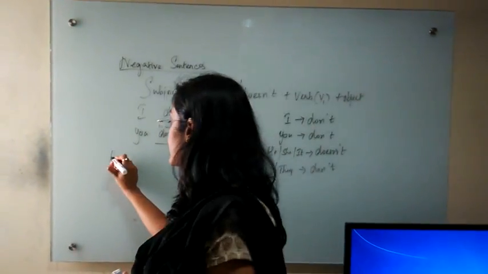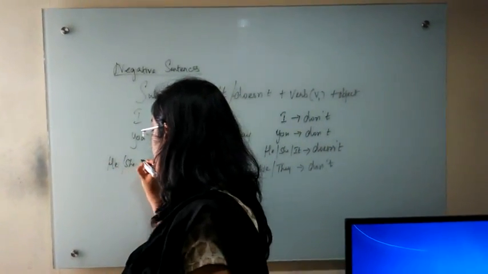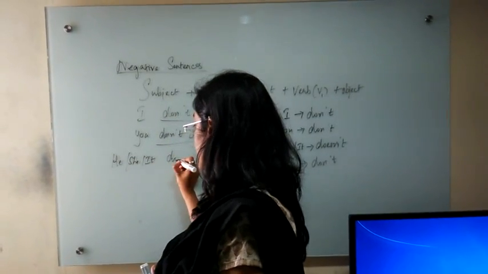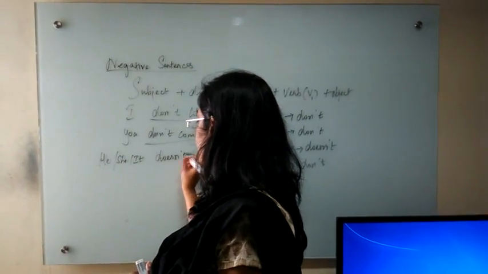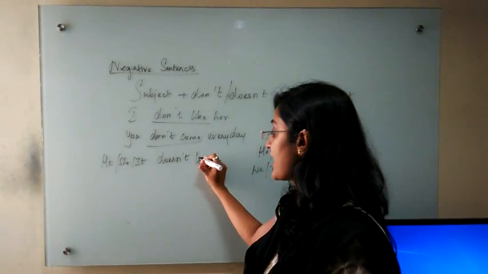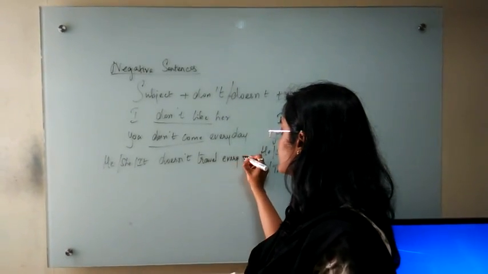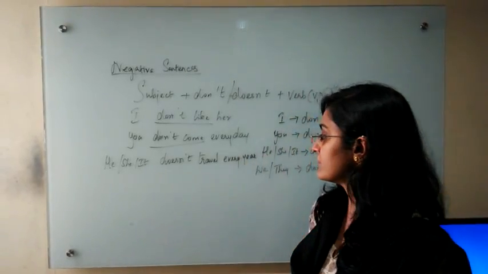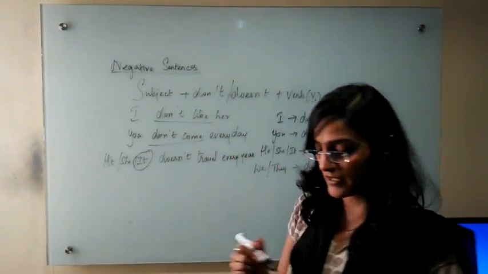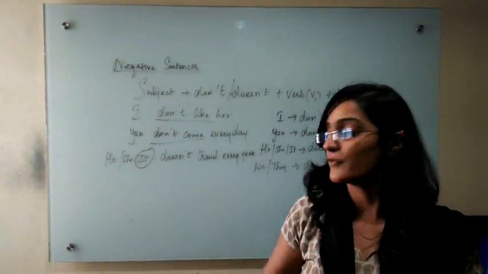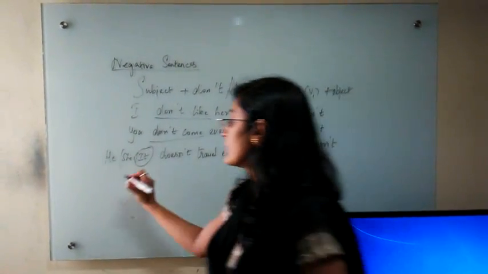Next, he, she, it. What you say is again doesn't travel every year. So it can be used only for animals or a thing, or even for places.